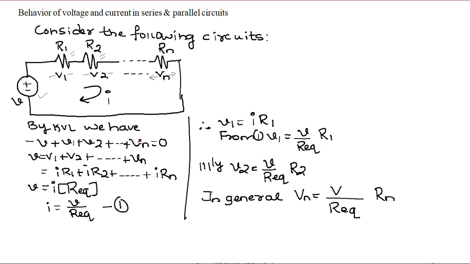Okay. So now if you apply KVL, what do we get? We get, first the source, that is minus V plus V1 plus V2 up to Vn equal to 0. And if you rewrite and substitute V1, V1 can be replaced with V1 equal to I into R1.